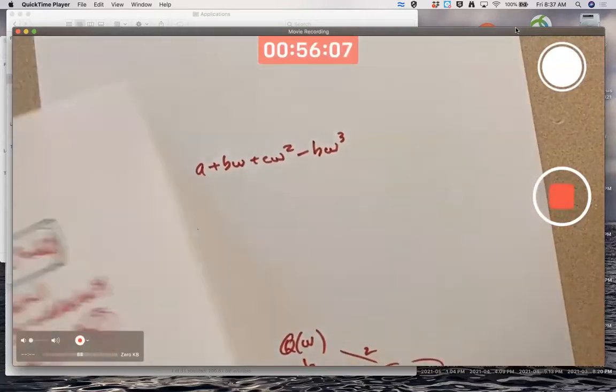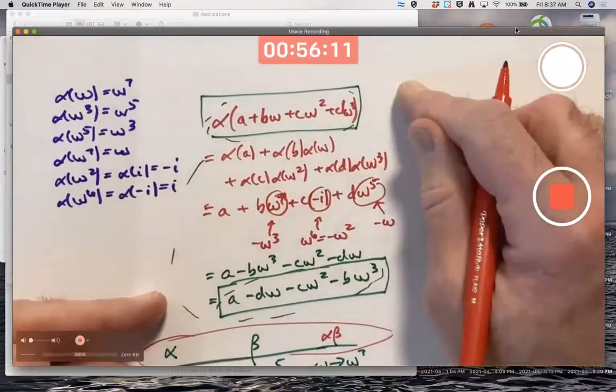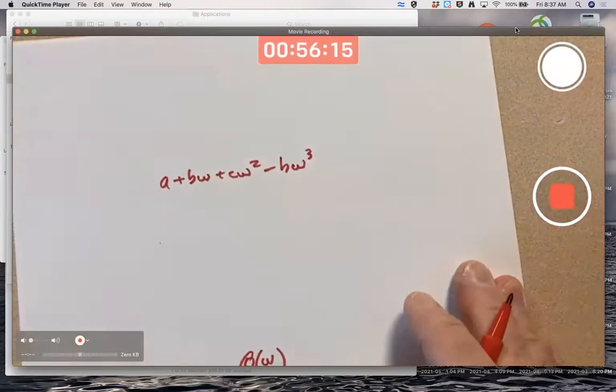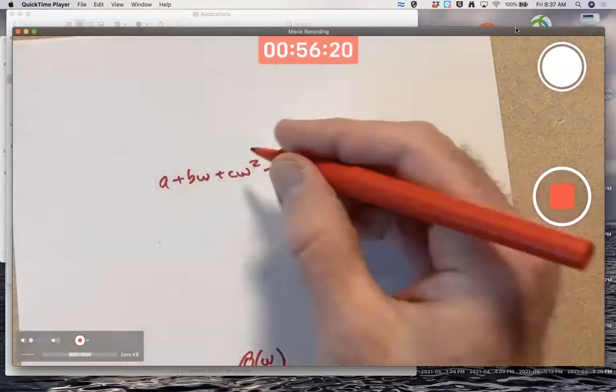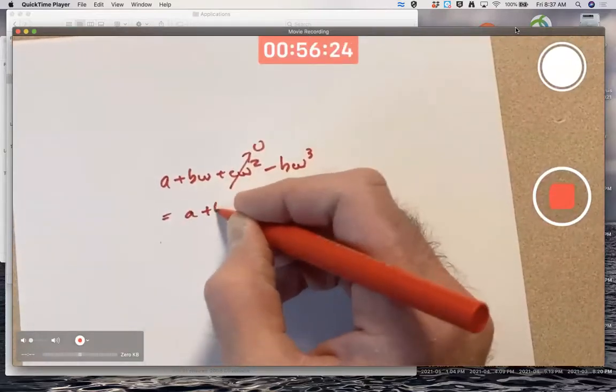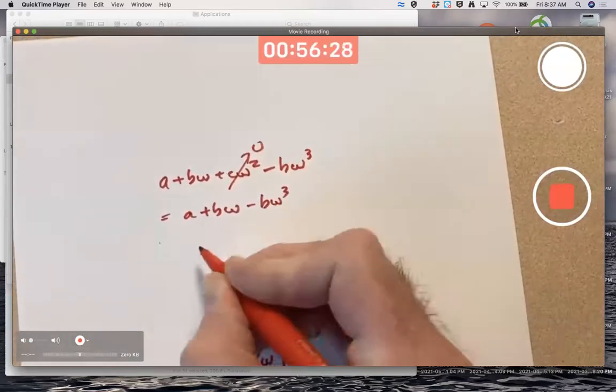If I want these to equal, again, D would have to equal -B. So the fixed field is going to, actually, and C has to be 0. This has to be 0. So the fixed field is going to consist of all elements of this form.